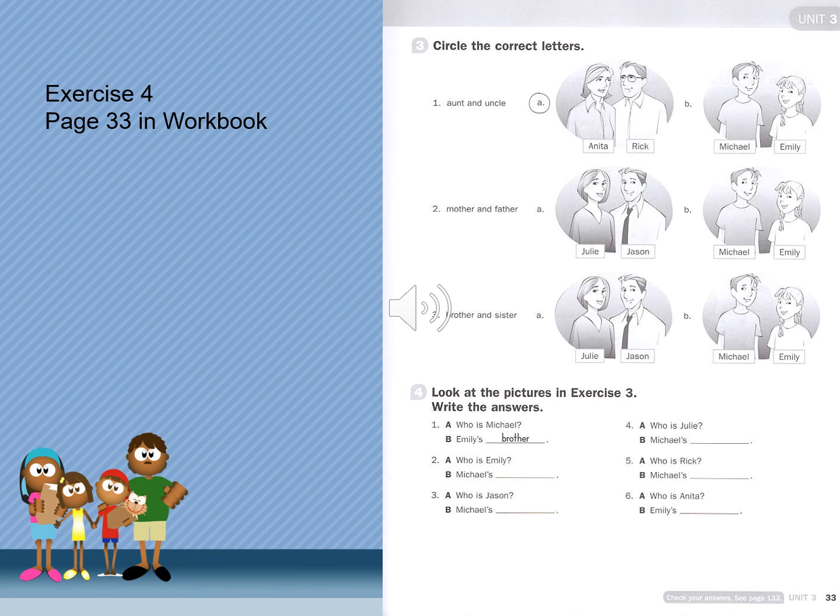Okay, look at part 2. It has a picture of Julie and Jason. Who is Jason to Michael? He's Michael's what? Look at 4. Julie is Michael's what?